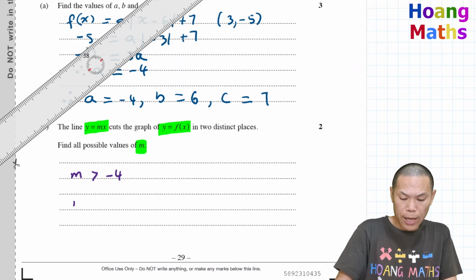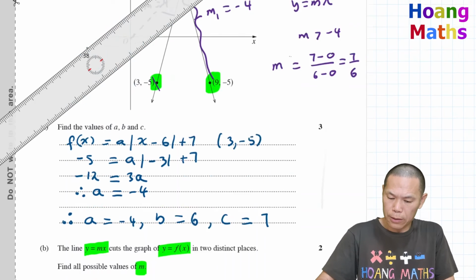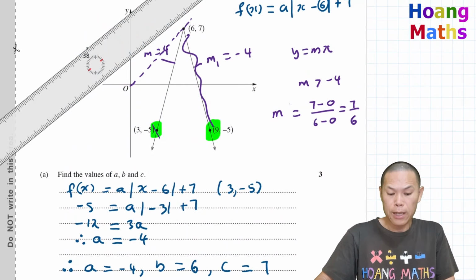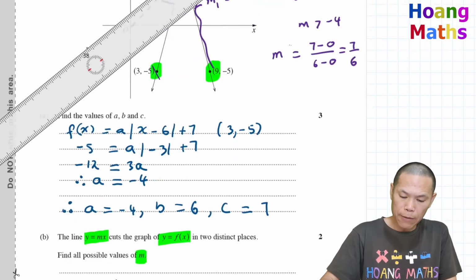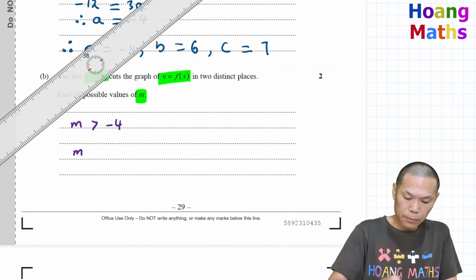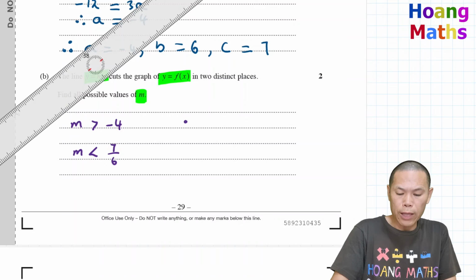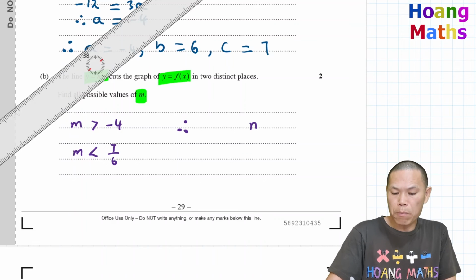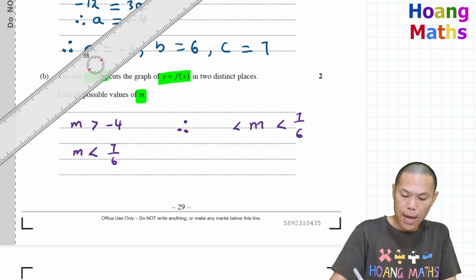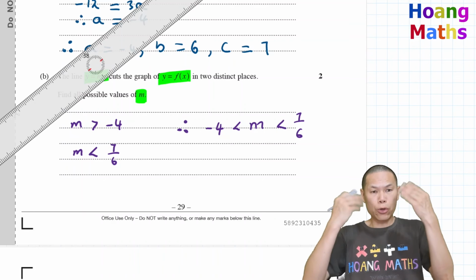And the other one, m must be less than 7 over 6. So now we know that the gradient must be between -4 and 7 over 6. So there you go.